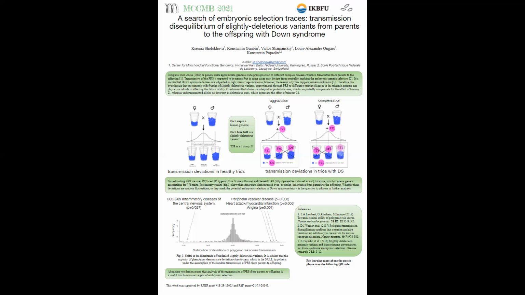According to the genetic handicap hypothesis, the total number of slightly deleterious variants can play a crucial role in fetus viability. For further explanation, please pay attention to the second picture marked as transmission deviation in trios with Down syndrome.